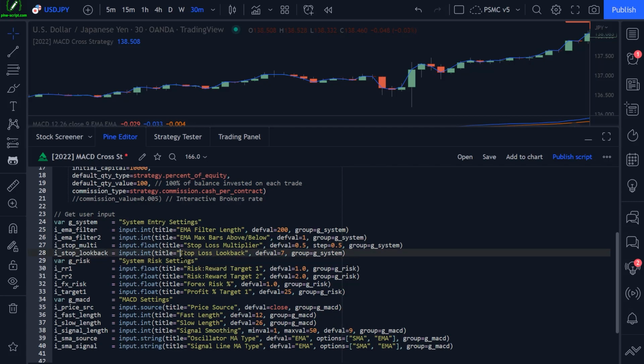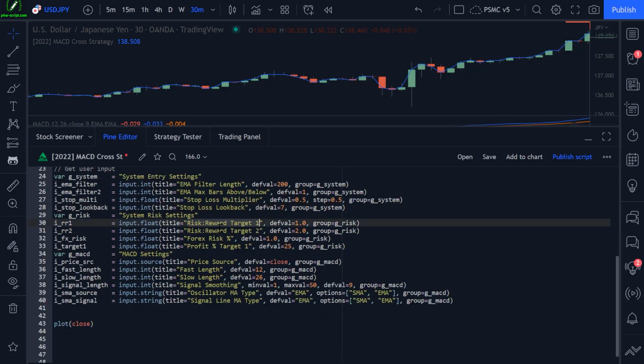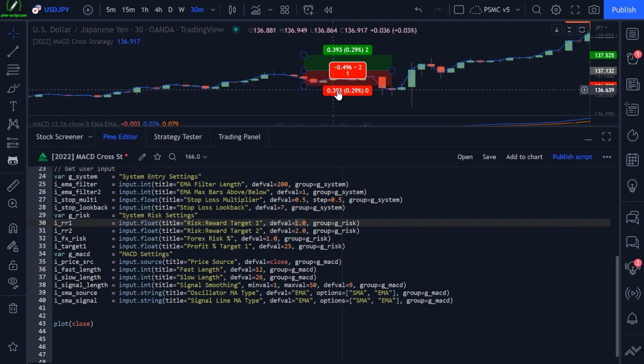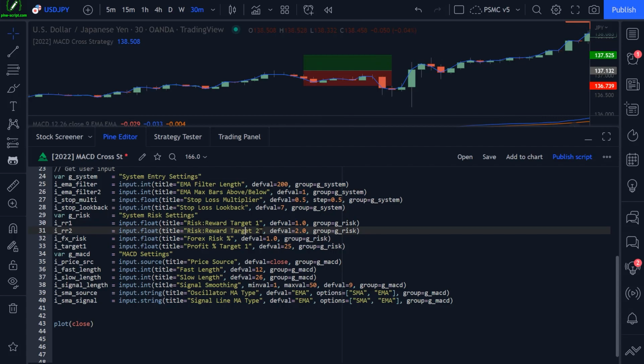Our system risk settings, for our first target's risk reward, it is set to 1, so 1 to 1. So when we put our position on, it's going to be 1 to 1. So a 39 pip stop loss would mean a 39 pip take profit distance. For our second target, it's going to be 2 to 1 by default. Our Forex risk percentage is what I mentioned earlier.